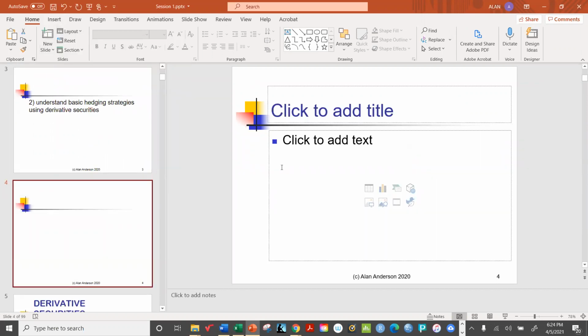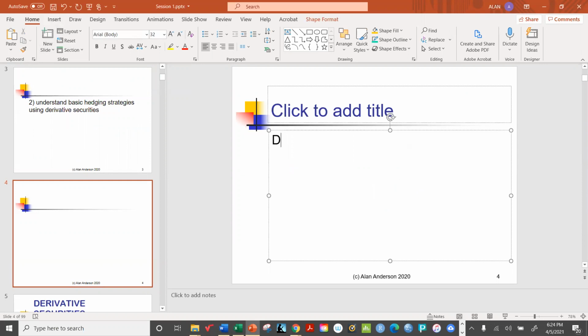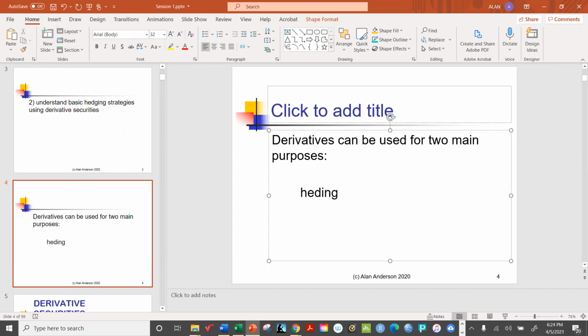Derivatives can be used for 2 main purposes. I'll just add this to our existing notes. Number 1, hedging risk, and number 2, speculating or speculation. Okay, and so what does that mean even?